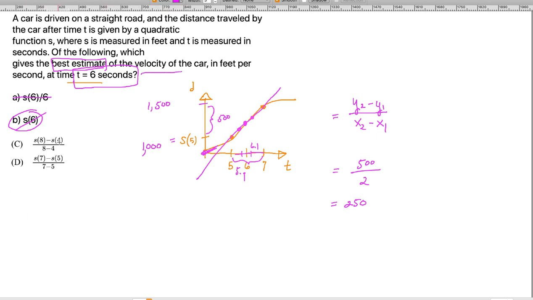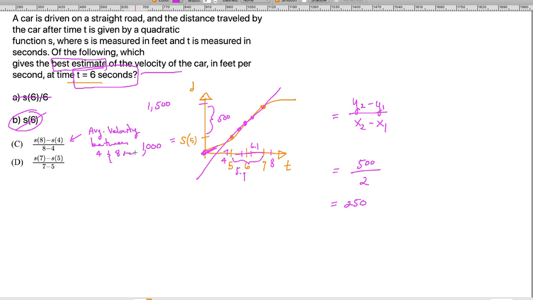Now this one gives me its average velocity between 4 seconds, let's say this is 4, and 8 seconds over here. It would give me the average velocity between 4 and 8 seconds.